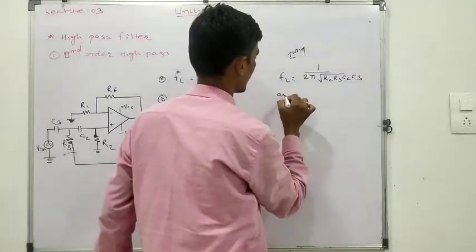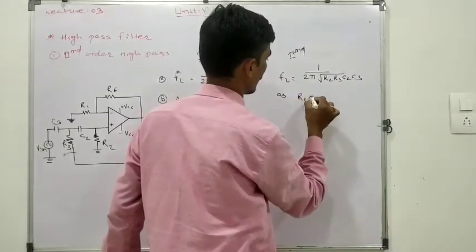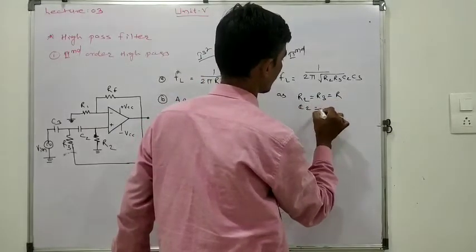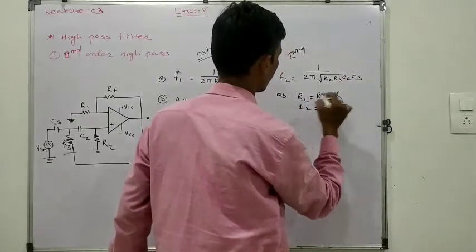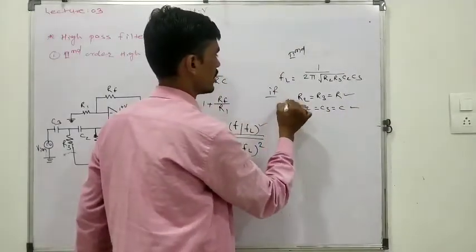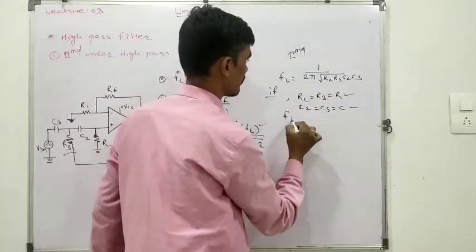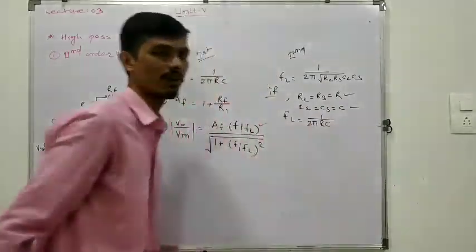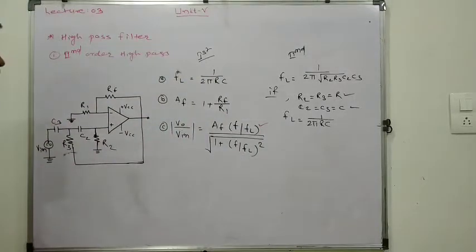Assuming R2 equals R3 equals R, and C2 equals C3 equals C, then FL is equal to 1 upon 2 pi RC. This is the formula for FL, the lower cut-in frequency.